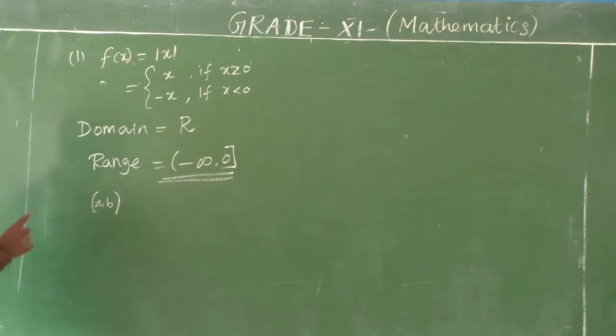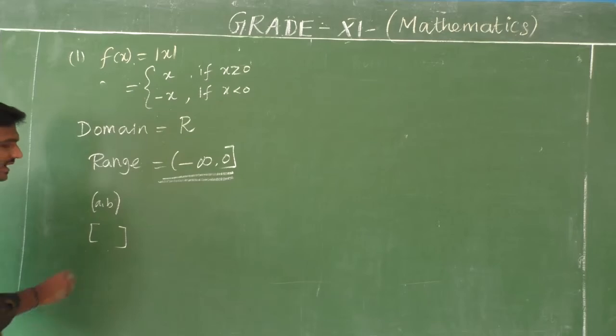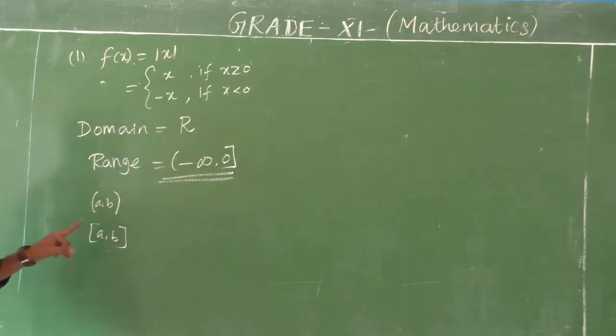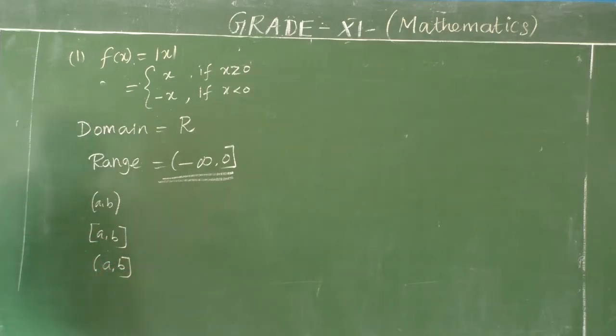The second one is the closed bracket or square bracket. For this one we have to consider all the elements including a and b also. And next, open at a and closed at b: for that kind of interval we have to select excluding the value of a and including b.